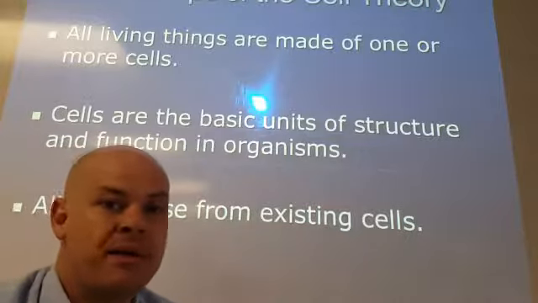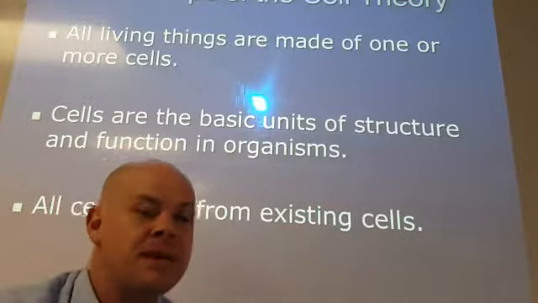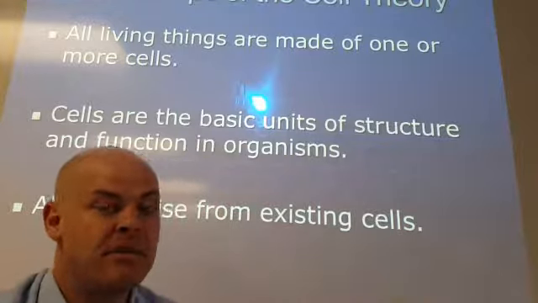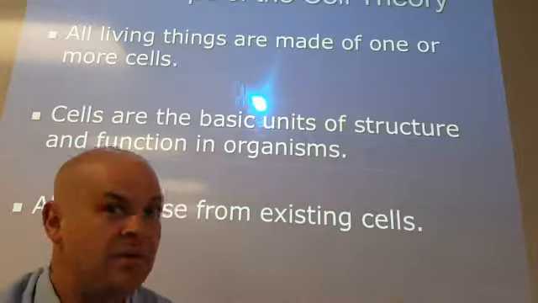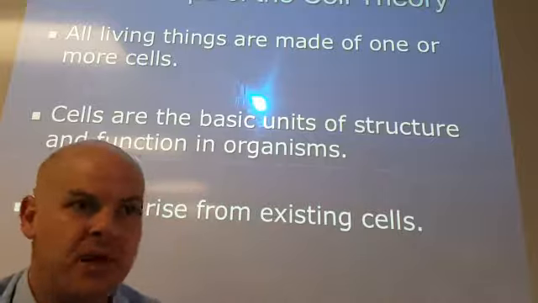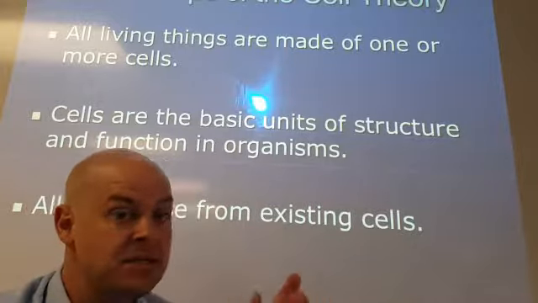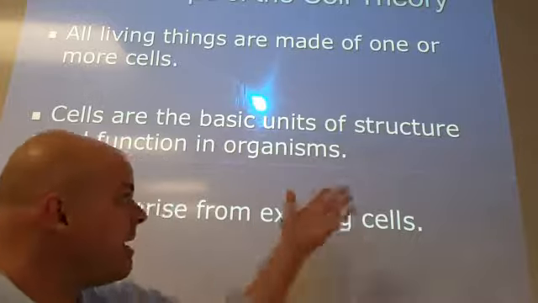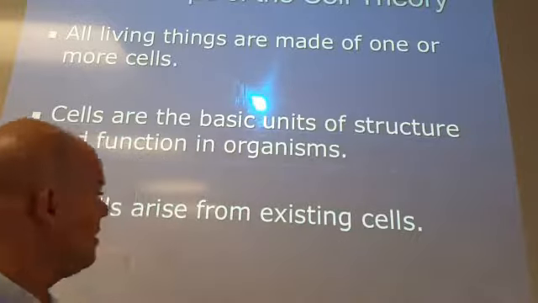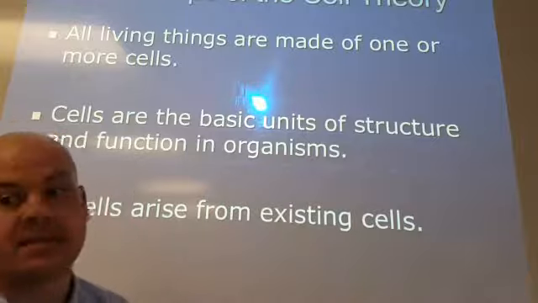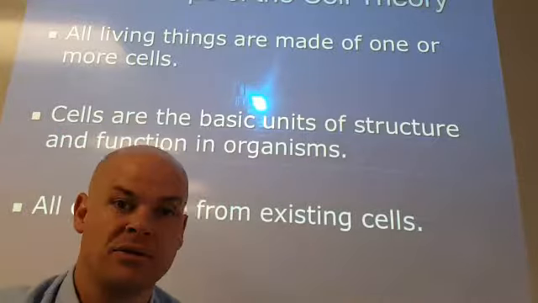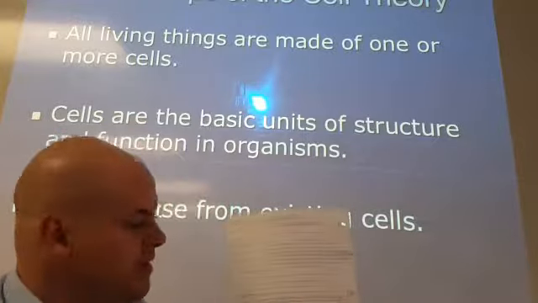Basically what that means is you can't get smaller than a cell and still be alive. The things that make up the cell, the organelles, the nucleus, the endoplasmic reticulum, are not alive in and of themselves. They're working together to make the cell, which is a living thing. And finally, all cells arise from existing cells. All cells come from cells in the first place. So there you go. There's your three answers.